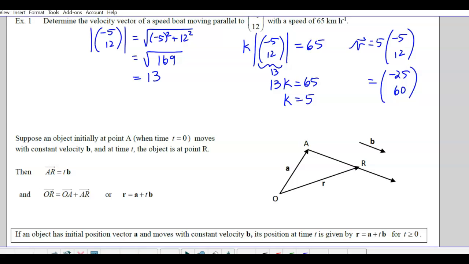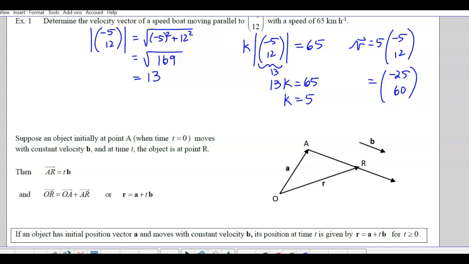So suppose an object initially at point A, so that's when time equals 0, moves with constant velocity vector b, and at time t the object is at r, right? So think about, there's you starting at A, getting to r after t seconds. There's your direction vector, that's parallel to AR. So you go up from the origin to get a point.